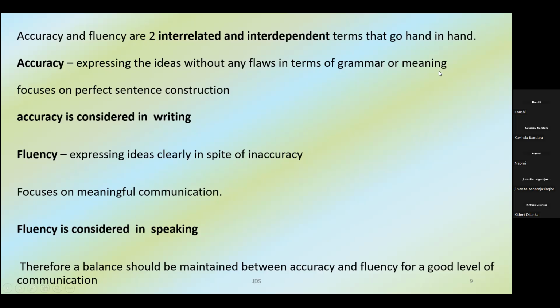Using the exact vocabulary, the perfect words, the perfect grammar. If you express your idea that way, it's considered to be accurate language. It focuses on perfect sentence construction. So in terms of grammar, as well as syntax and morphology, both are considered when it comes to accuracy.